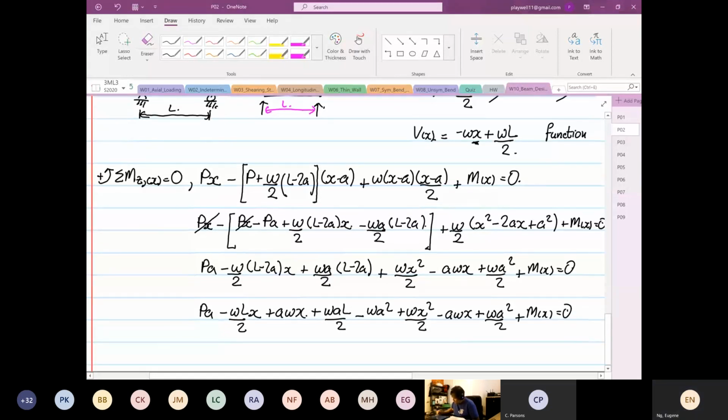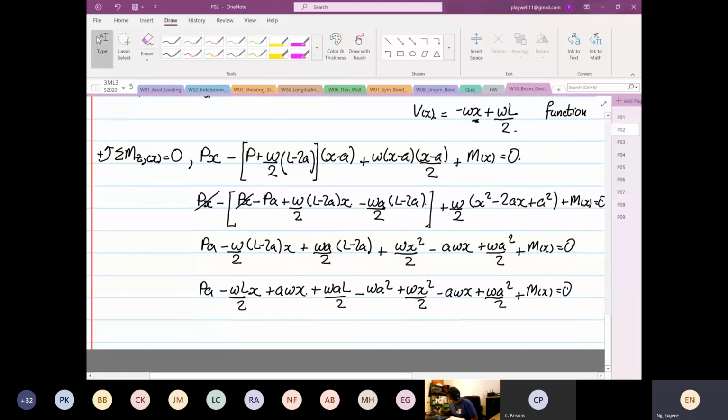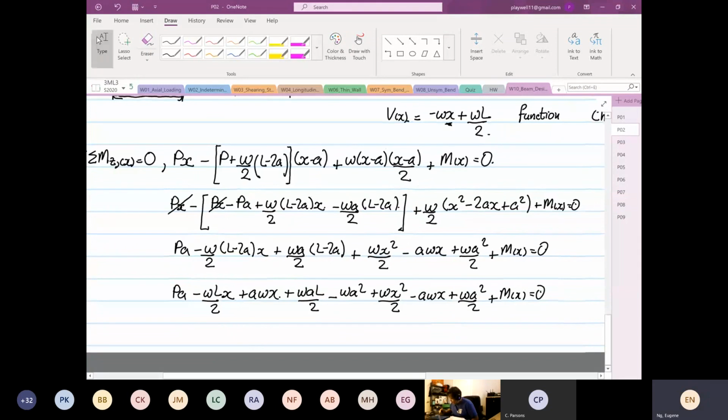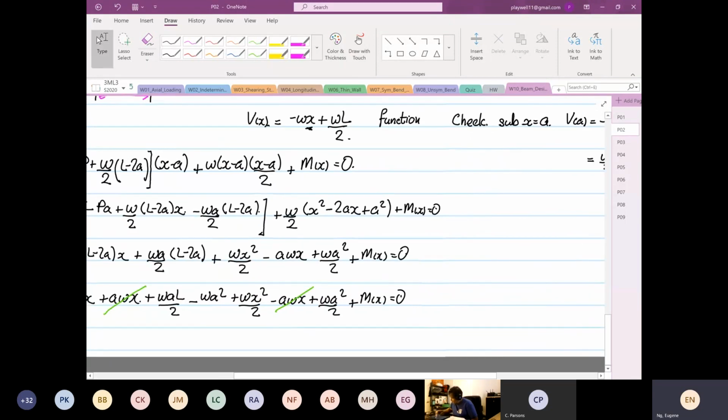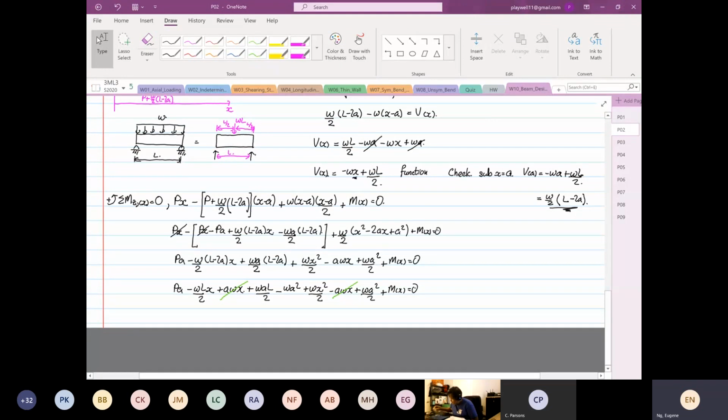Right, so anything we can get rid of? There are some things that we can get rid of, right? So we can get rid of these two terms, a omega x, we can get rid of. And then the omega a squared, we can do something about it. I'm going to write at the side.